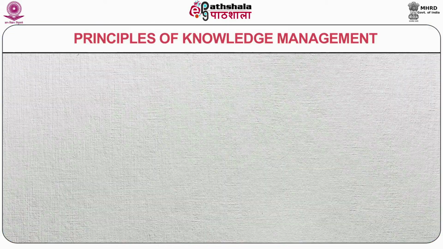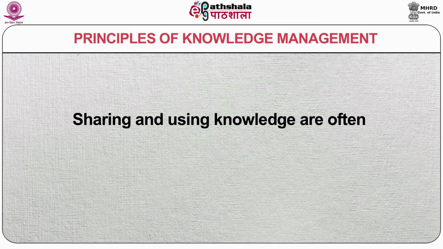The next principle is that sharing and using knowledge are often linked together. The normal tendency is to delay, yet the sharing of knowledge is beneficial for the various organizations and society. For this, one should be highly motivated to allow knowledge to be shared by others and to be open to sharing others' knowledge.